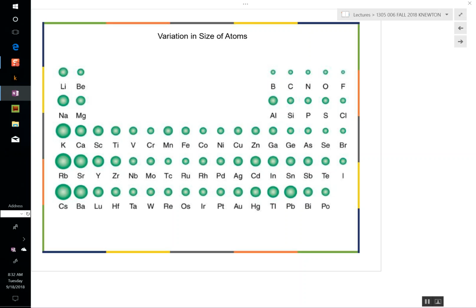And let me just say real quickly, what is common about all of those is that electrons are going into the third energy level. 3s1, 3s2, 3s1, 3p1, 3s2, 3p5. The electrons are going into the third energy level.